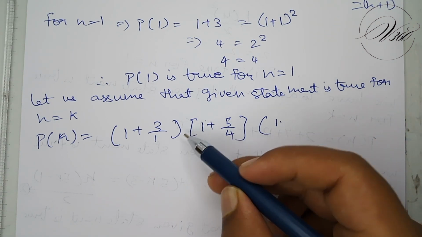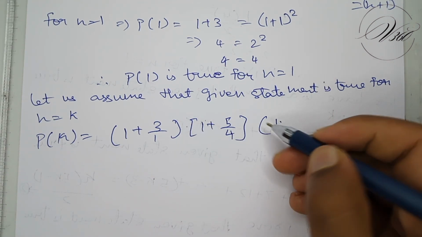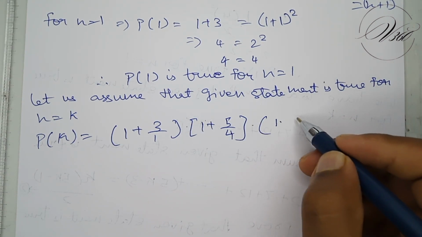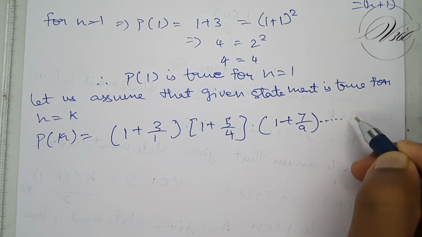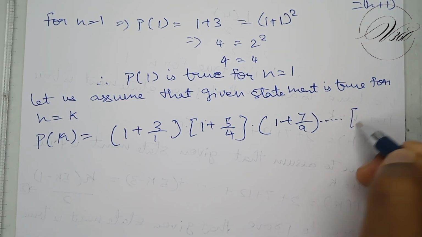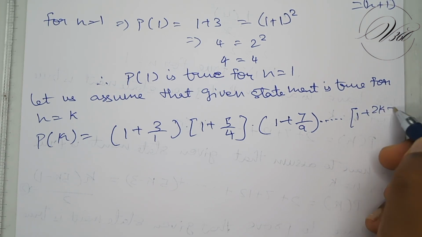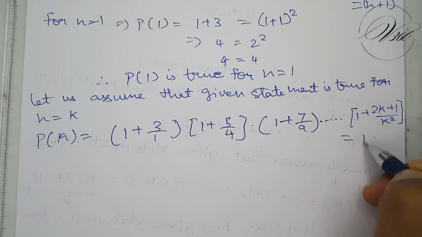Sorry, I said 'that is' but it is multiplication. Now here also multiplication, then (1 plus 7/9), then up to multiplied by (1 plus (2k plus 1)/k square). Okay, that is equal to (k plus 1) whole square.